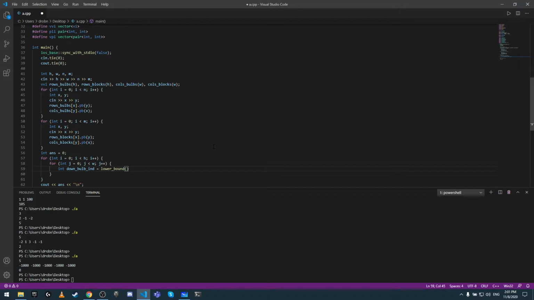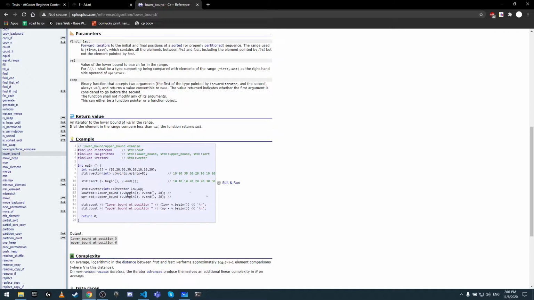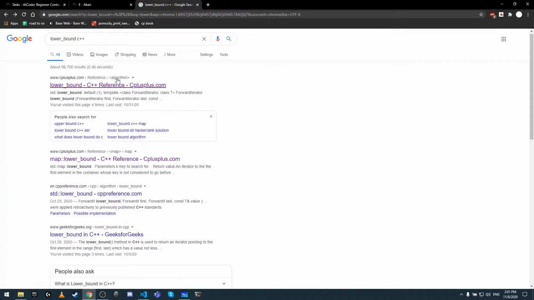So basically we find the position, right? Wait, what if we do lower bound on something that, oh my goodness.